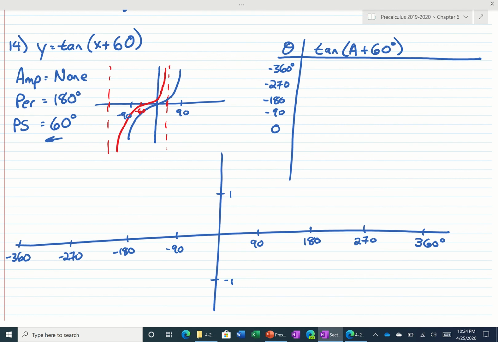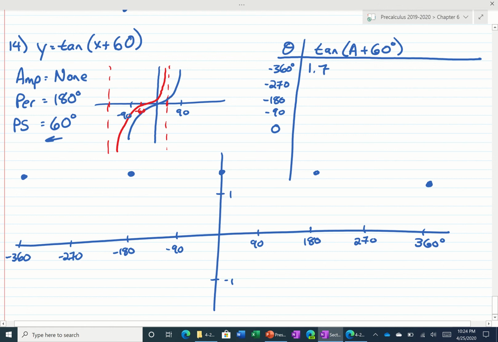And my calculator is telling me that that would be 1.7. It means 180 degrees later, it's the same thing, using the period to draw the graph.